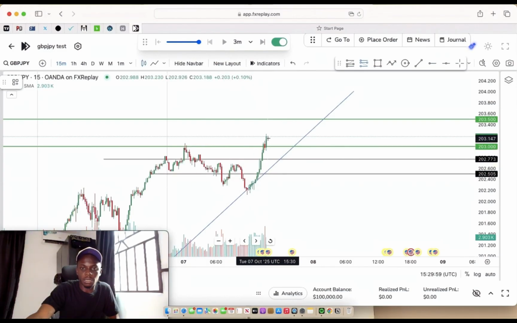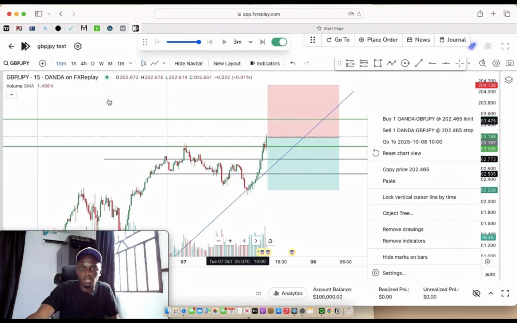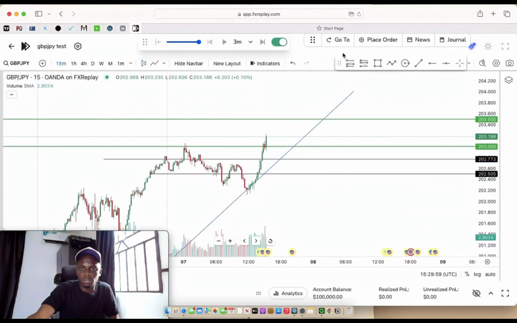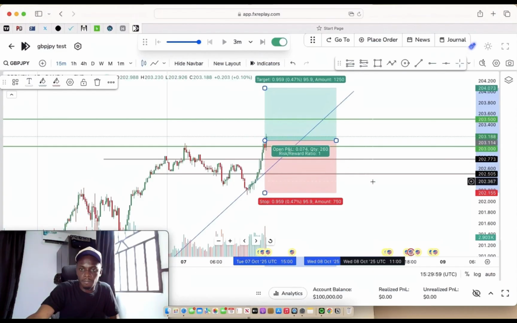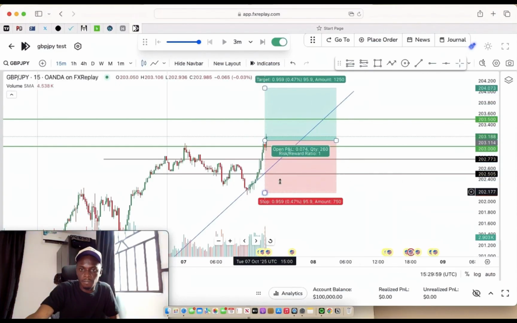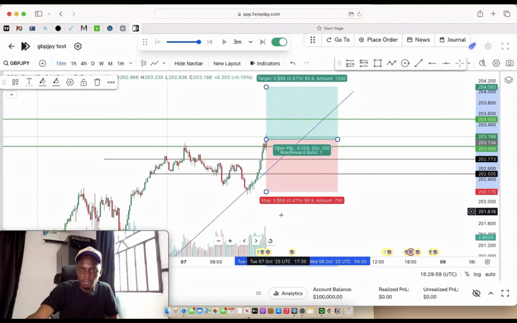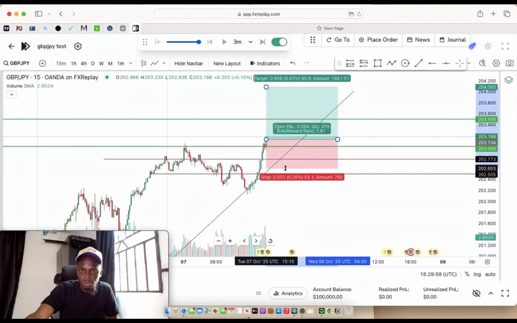Nice W pattern after that. What is it doing? So it's supposed to go down. So let's push the stop loss below.